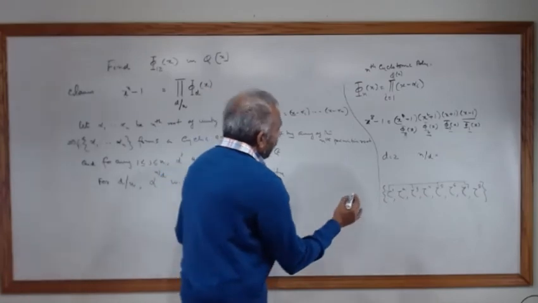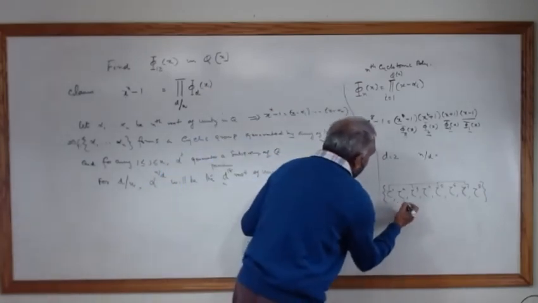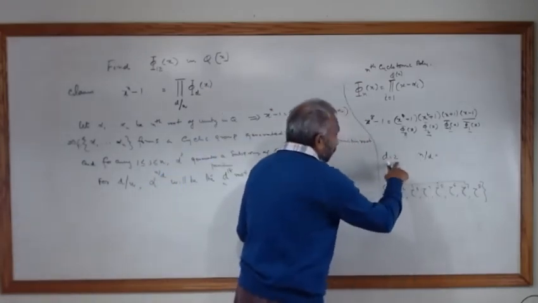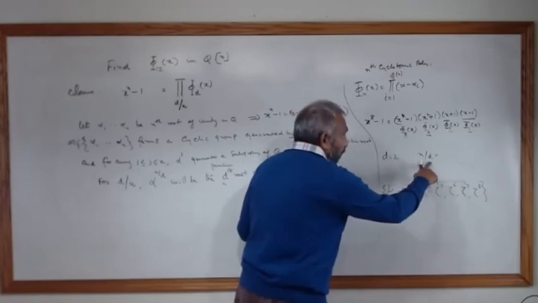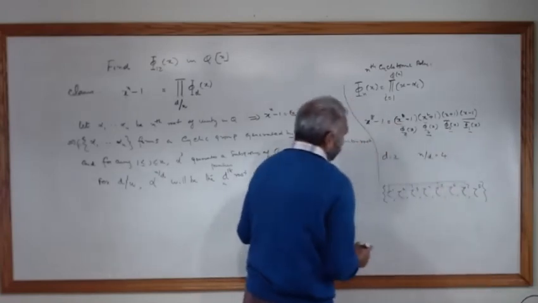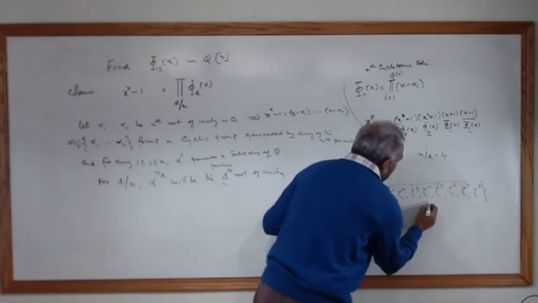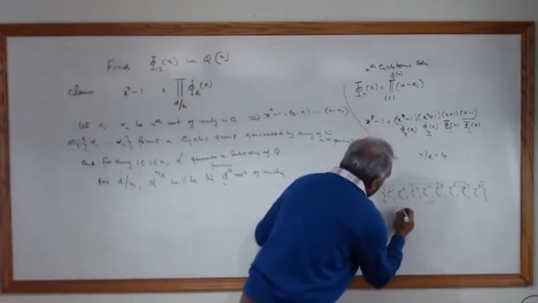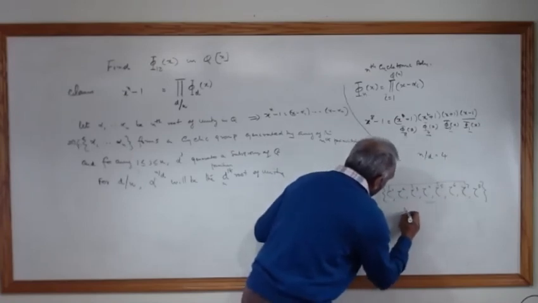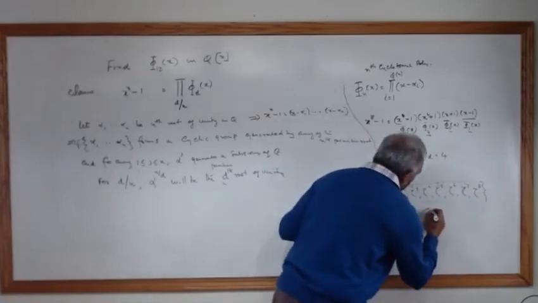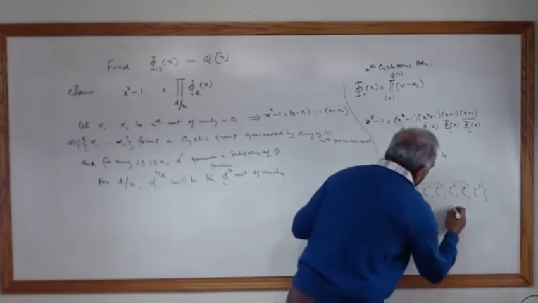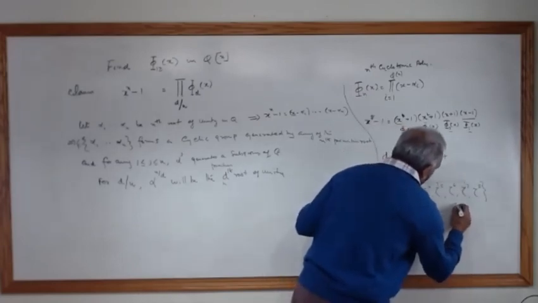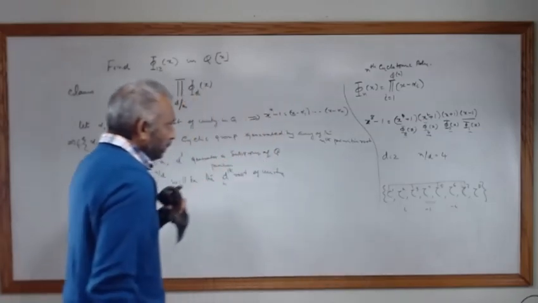Okay. Now if you take d is equal to 2, n by d is equal to 4, that means you are taking this one. So this is actually our i, this is our minus 1, and this is our minus i, right?